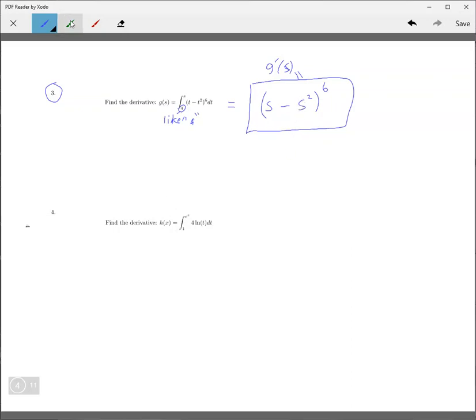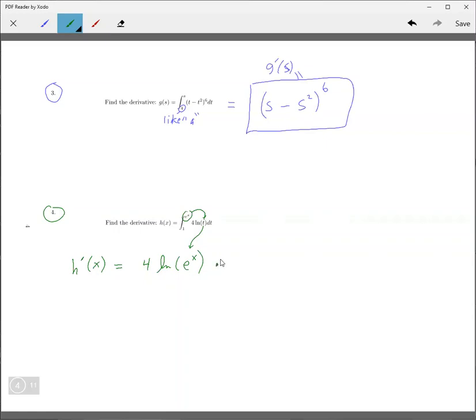Okay, number 4. Find this derivative. And this one, like I said, is using the chain rule. So this goes in for the t. That's an e to the x. So this e to the x goes into here. So you have 4 log of e to the x.